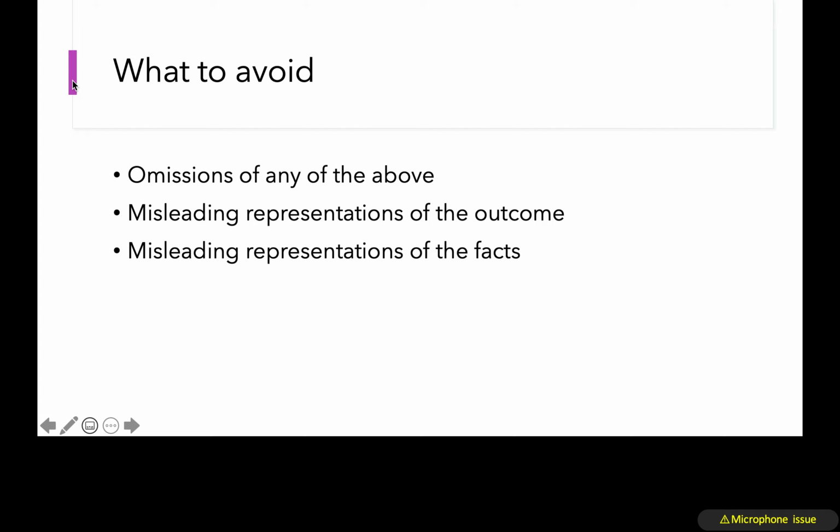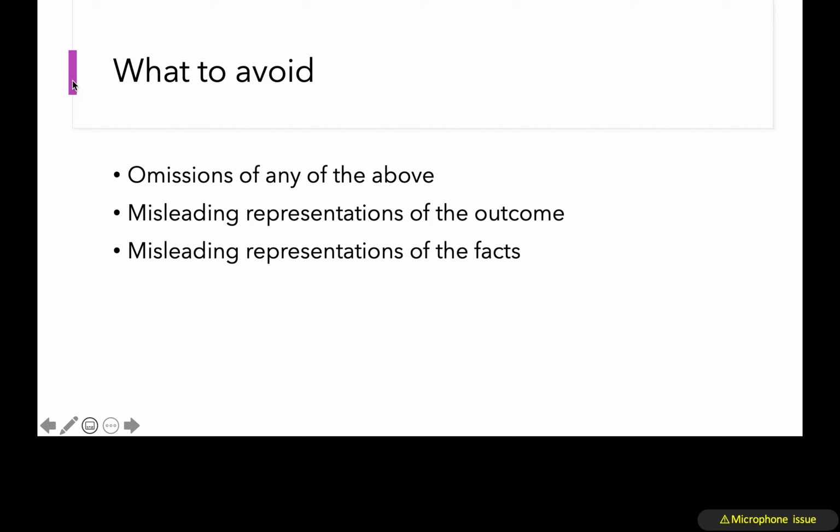So what you want to avoid are omissions of any of the above things that could have the effect of a misrepresentation. It could also make it look like you don't know what you're talking about quite as much. You also want to avoid any misleading representations regarding the outcome of that authority case.